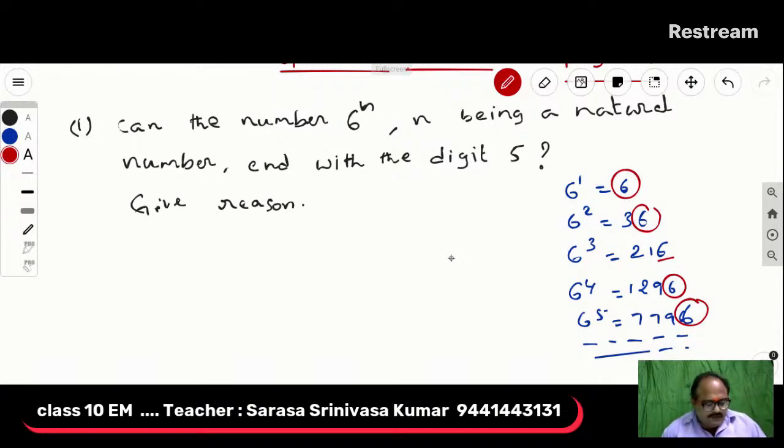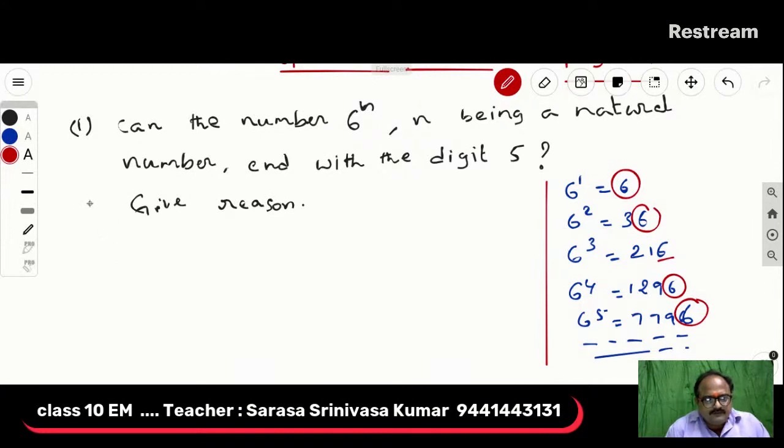Now we have understood the concept, but how to conclude mathematically that 6 power n does not end with digit 5? We require the mathematical proof. This is just to understand the concept. Now, what is the mathematical proof for that?